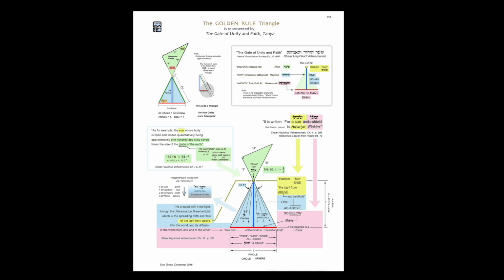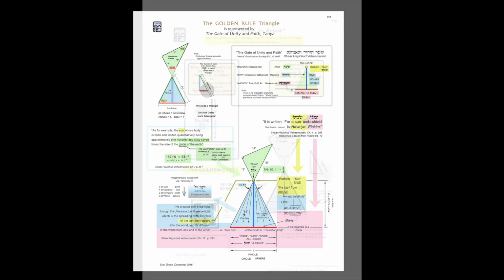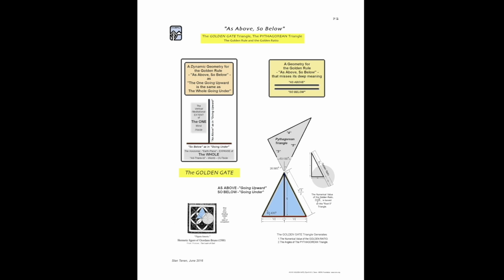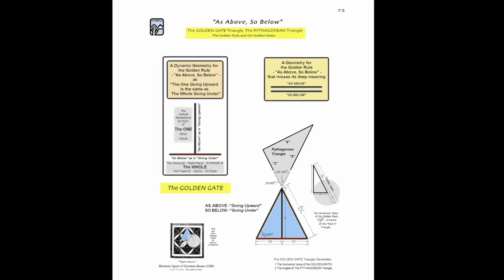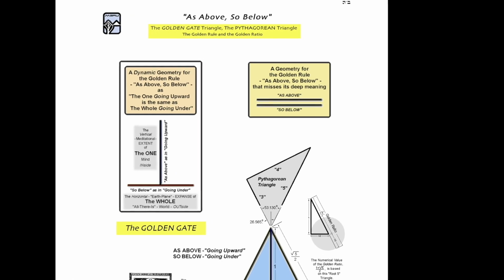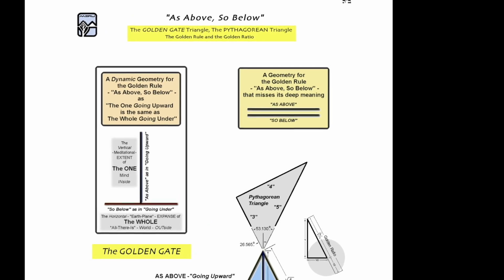It was too complicated. So I went to the Hermetic version, which is also in Kabbalah: as above, so below. There's a principle in heaven, in the abstract higher realm, that when you apply it, it produces a similar principle in human experience on the earth plane. As above, so below.